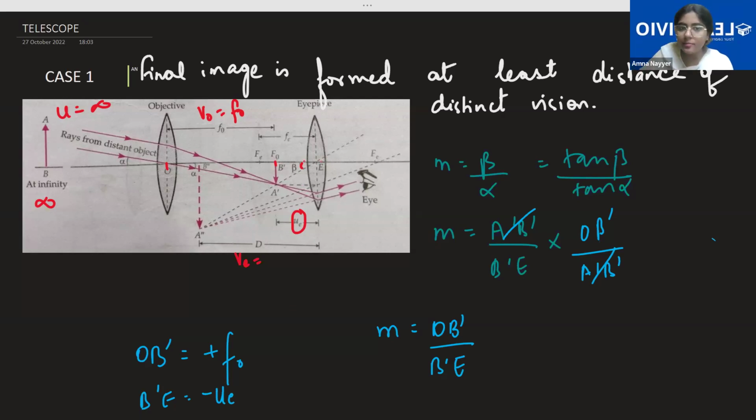What was alpha? The angle subtended by the object on the human eye. Now the object is subtending alpha, let's say here. But this isn't making any triangle. How will we solve it from there? Because the rays are infinite, the rays are not reaching a point.